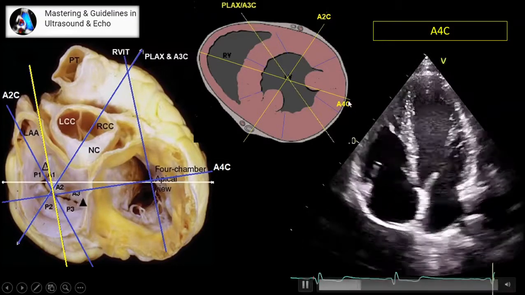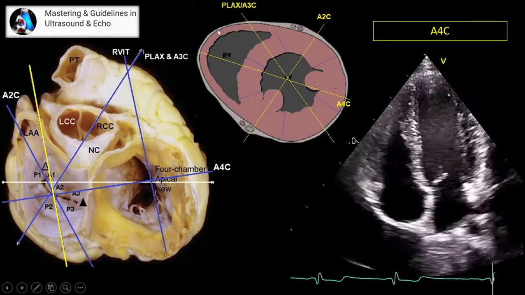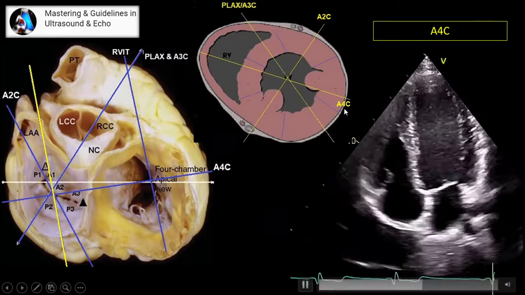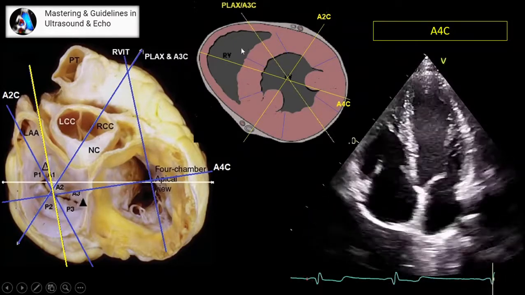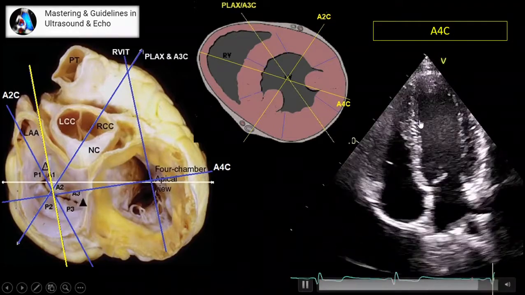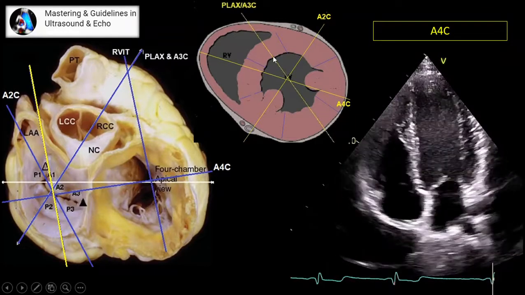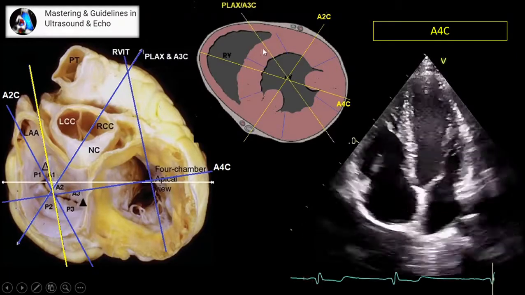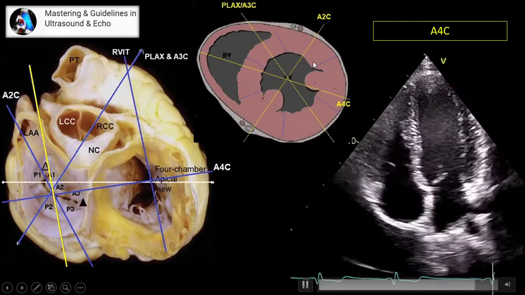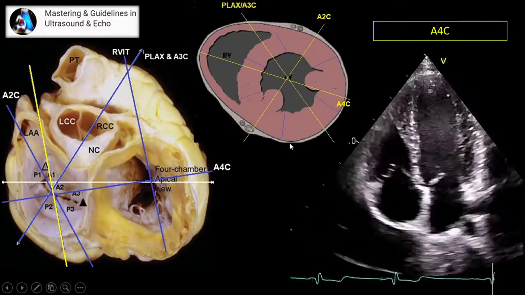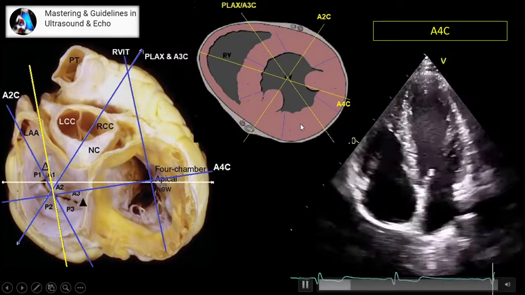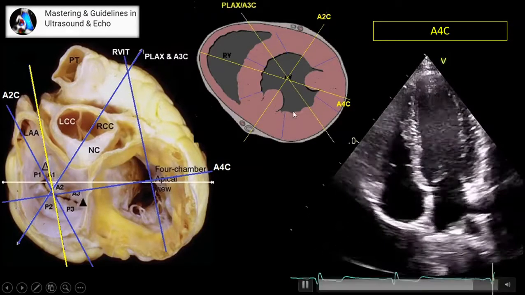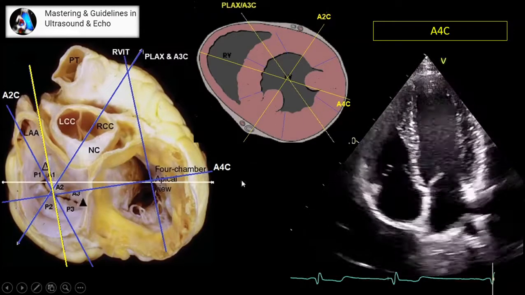For example, here, if you're twisting too much clockwise and pass through this line that I am showing with the mouse, this septum is not posteroseptal anymore, it will be anteroseptal. Keep this in mind when you are evaluating wall motion abnormality and labeling which wall is involved.